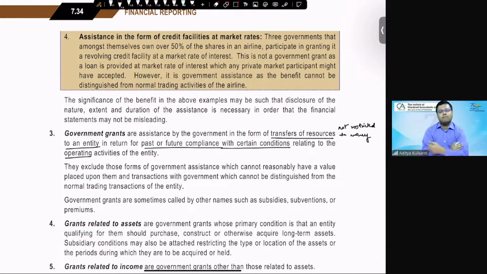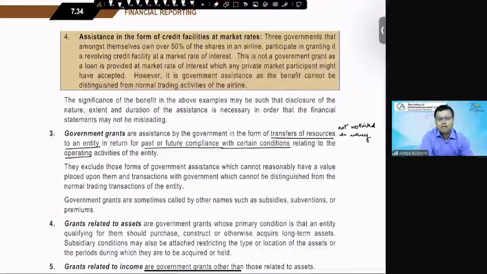Like for example, if you are setting up a unit in a backward area, the government may say that of your total workforce, a particular percentage must be from that backward area, like probably 50%, 60%.